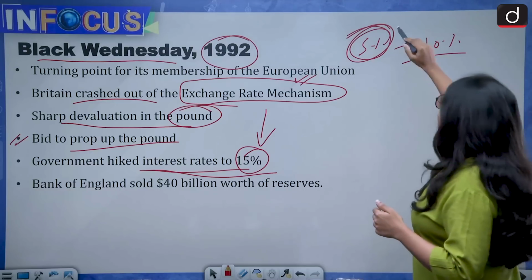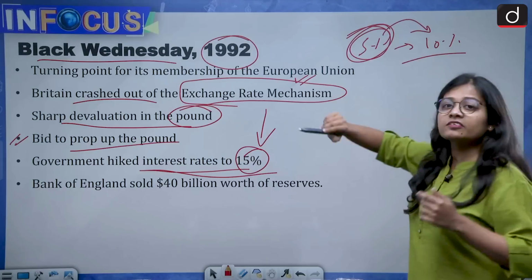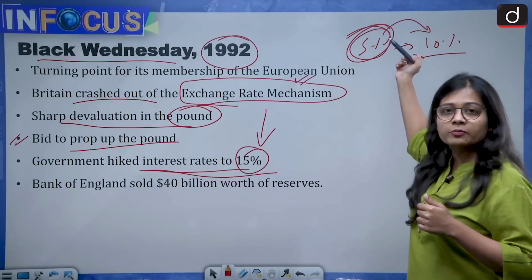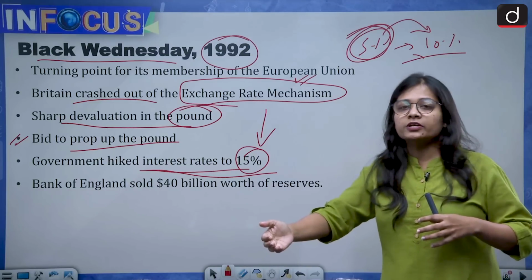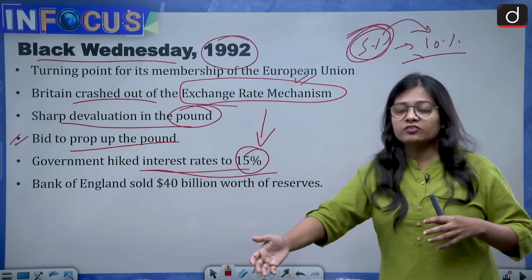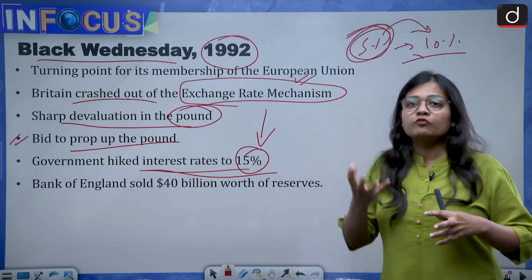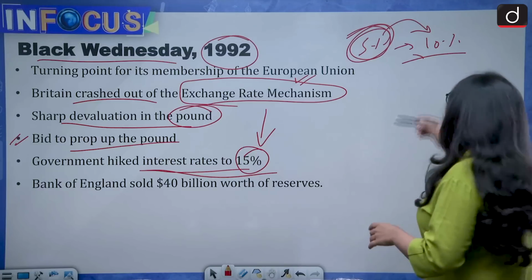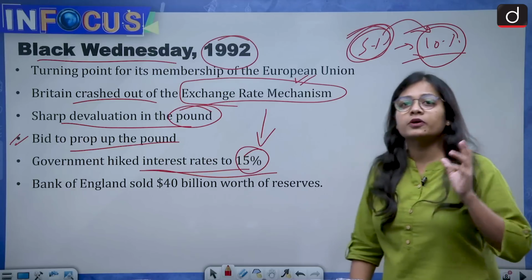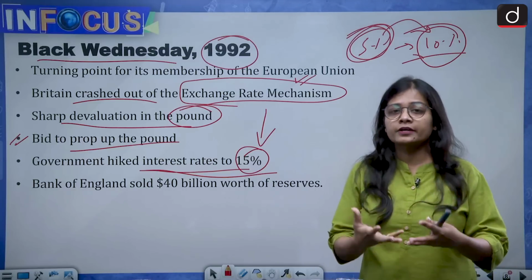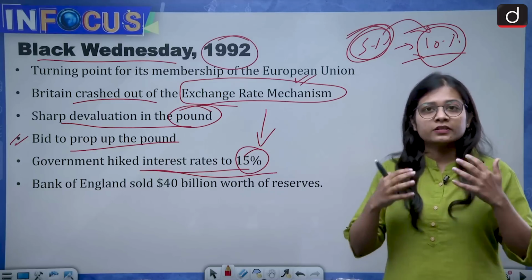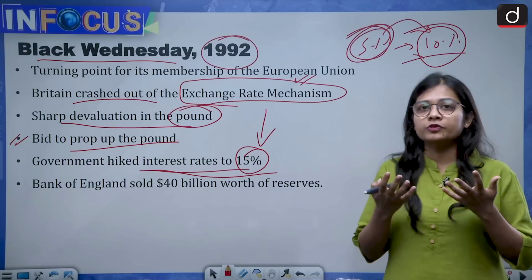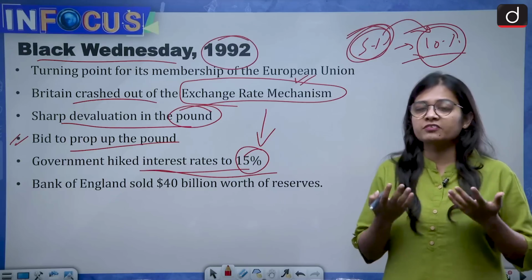And when the government of the same country increases the interest rate from 5% to 10%, then all the people who were moving out of the country to invest elsewhere to get better gains will invest in their own country, because they are getting better returns and a higher rate of interest there. The money will be safe and secure.